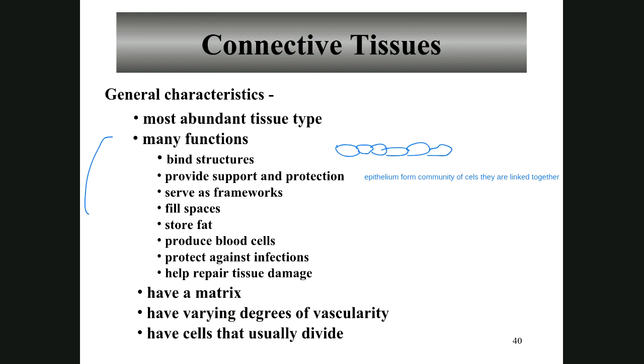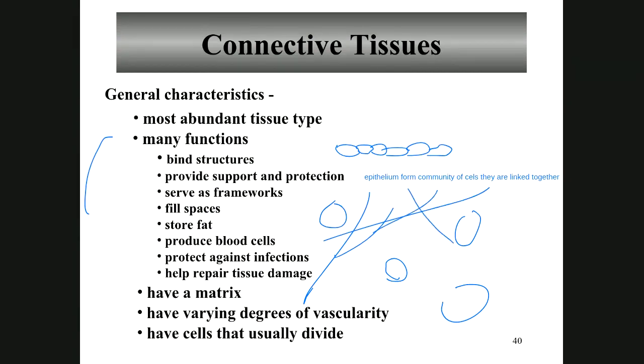I mean, you can have a cell here, a cell here, cells there. But what they do is they put out a lot of matrix. You see that these are matrix, and the major matrix that you see they call extracellular matrix, or collagen. It's a key matrix, collagen. You can see that collagen matrix.